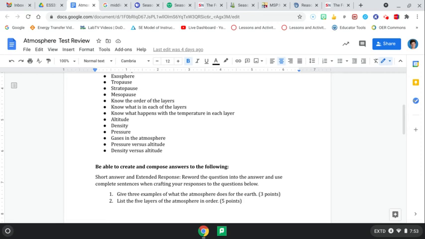So your answer should say the 5 layers of the atmosphere in order are, and you can either go from the bottom to the top or the top to the bottom. Spelling's going to count because the names of those layers are sprinkled throughout the test. So if you don't know how to spell them, you should go back through the test and find how to spell them correctly.